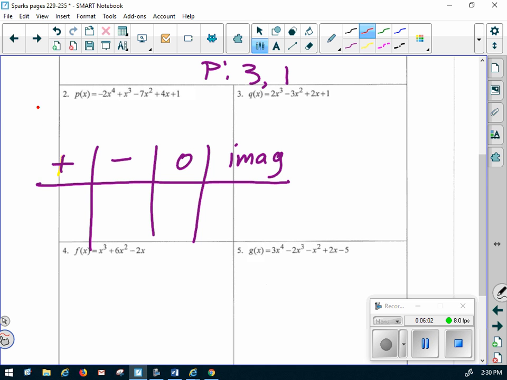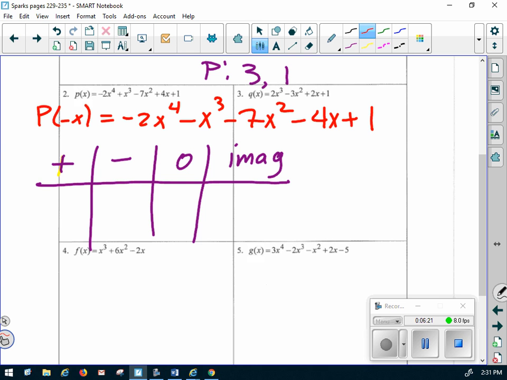Let's do P of the opposite of x. Can you do that in your head? Put the opposite of x in and simplify. That'll stay the same. That'll change. That'll stay the same. That'll change. And that'll stay the same. Which signs will stay the same?